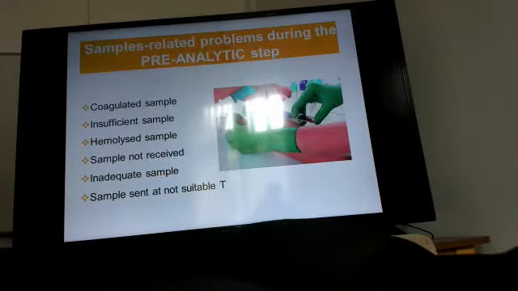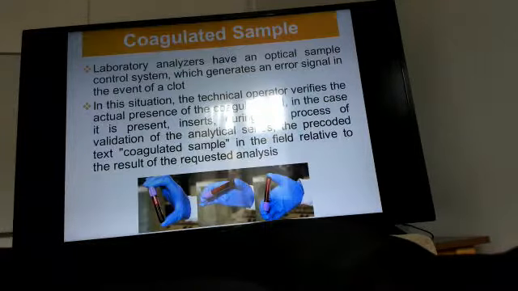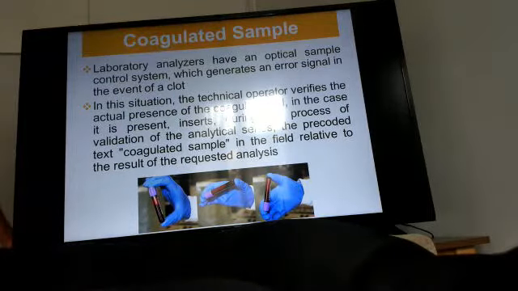The instruments have detectors that can see if there is hemolysis or if the volume is enough, and set an alarm. So what usually happens is that the instrument raises an alarm and says this analysis cannot be carried out. In some situations, it's possible to do it manually, but it depends.